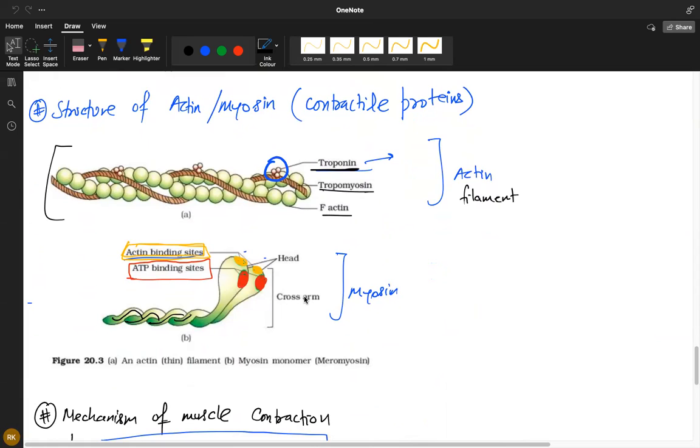The protein troponin is present at regular intervals on the tropomyosin, and in the resting state, troponin covers the actin binding site for the myosin. Myosin is a polymer protein. In the head region, there are two sites, one ATP binding site and another actin binding site, and there are two heads. Correct.